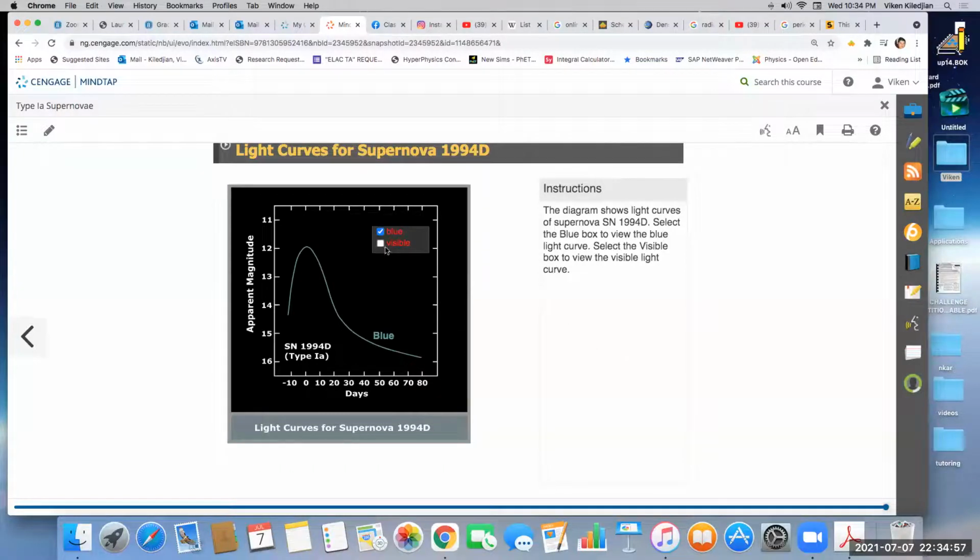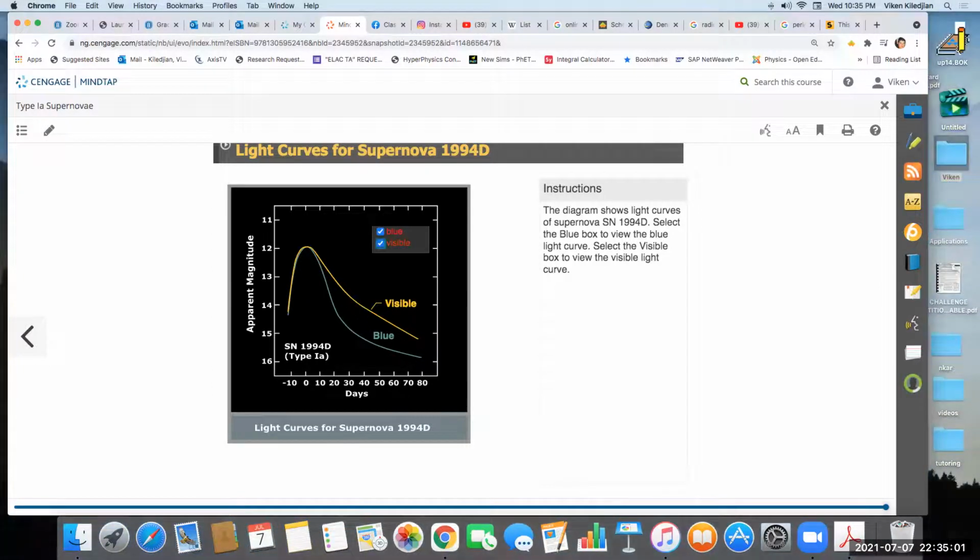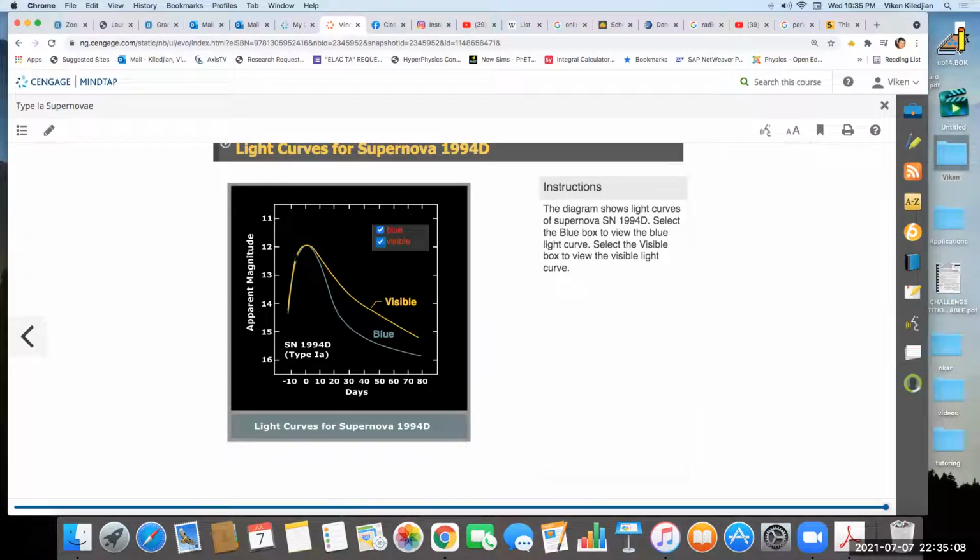Now in the visible light curve, visible means yellow filter, right? Through the yellow filter, its brightness stays brighter for longer. Even up to the 80th day, it still appears at about 15 apparent magnitude.